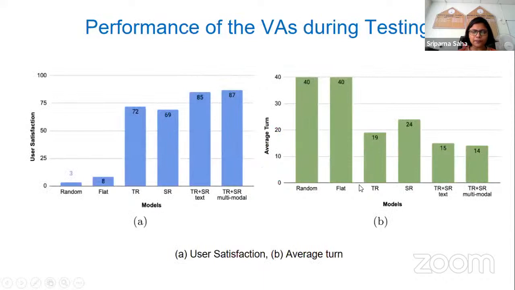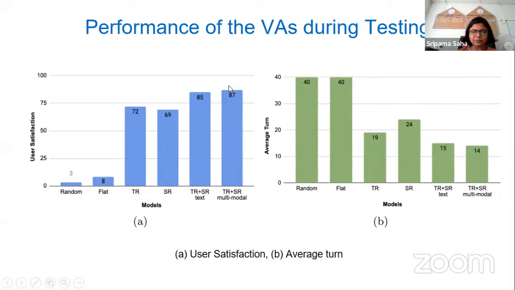And also we have done some user satisfaction evaluation. It is a human evaluation, where we computed how many times the user is satisfied. We took 100 dialogues and computed the user satisfaction.